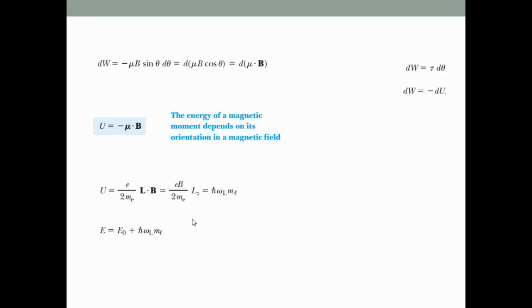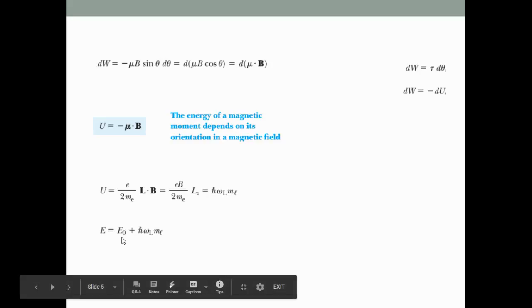So we can write the total energy of the electron as the sum of the magnetic energy U plus whatever the energy it had in the absence of the applied field, say E0. That is E0 plus h cut omega L ml.